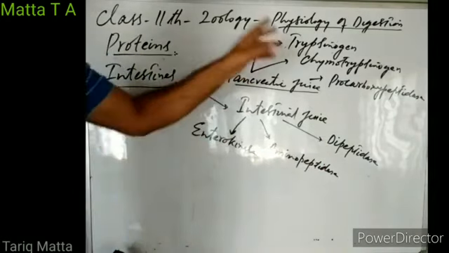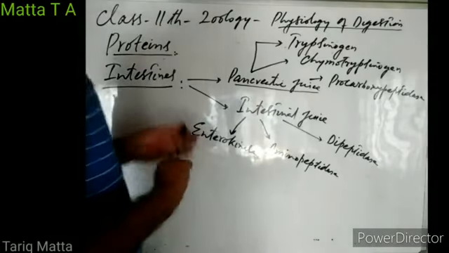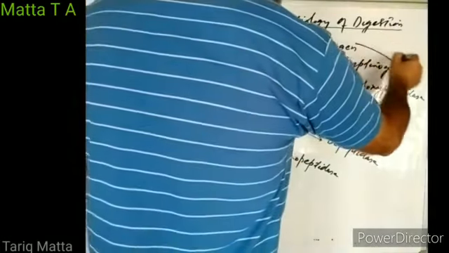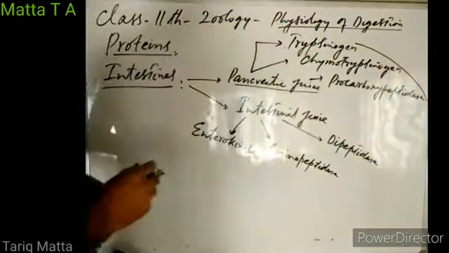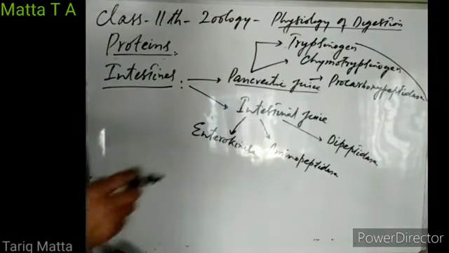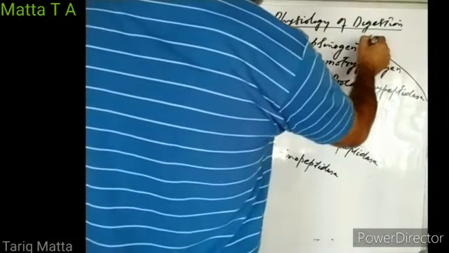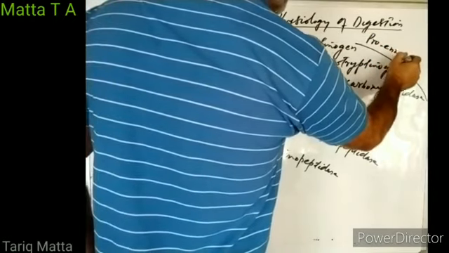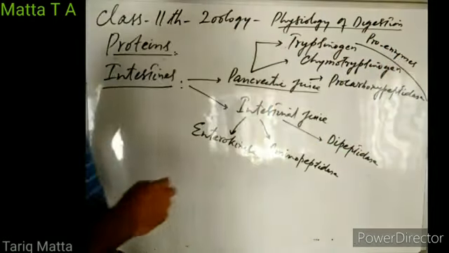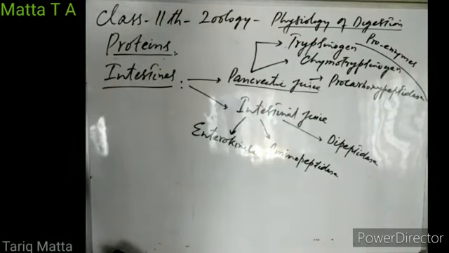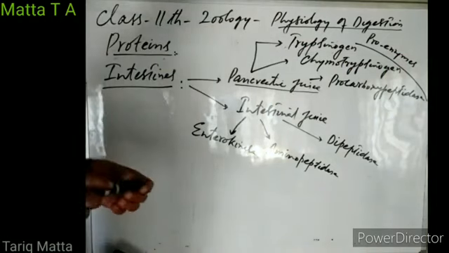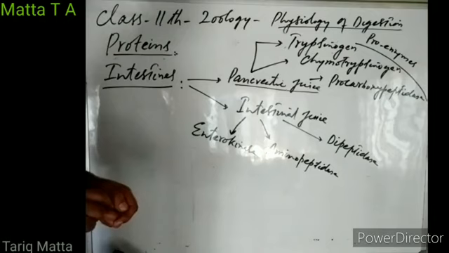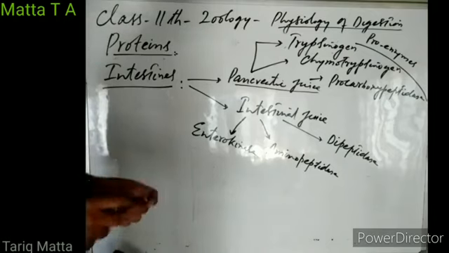So we will see how they will work. All these enzymes which are present in the pancreatic juice are all proenzymes. Proenzymes means they are all inactive enzymes. So for protein digestion, they must first be activated.